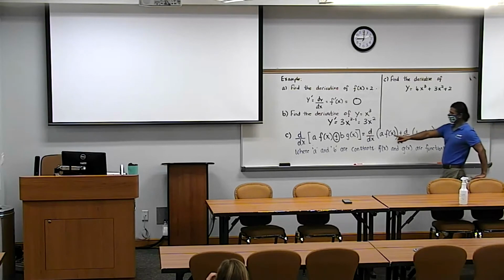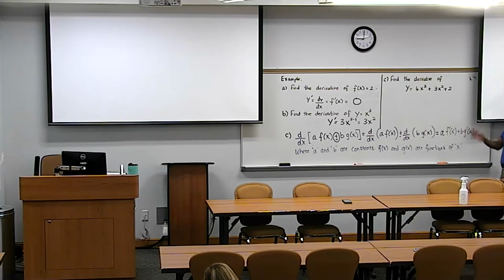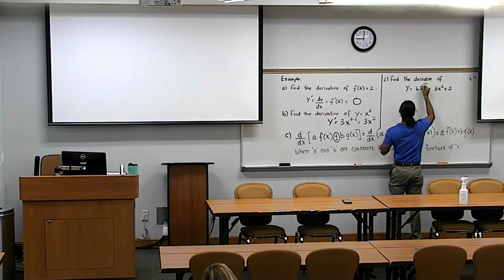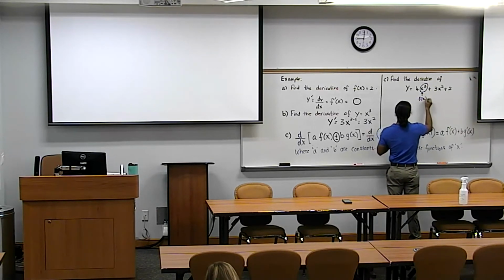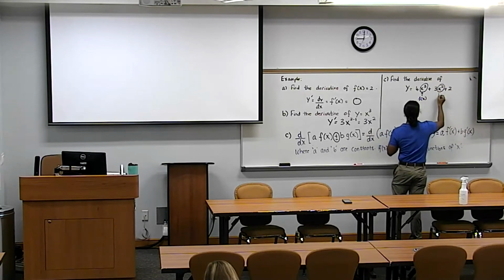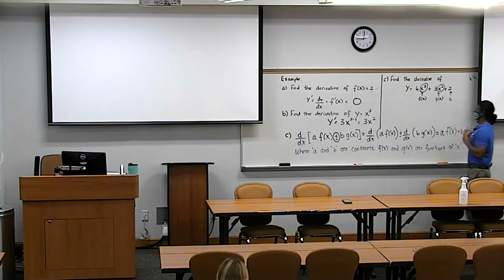So if you look at the rule that I wrote earlier, as long as you have a bunch of functions that are simply in sum or difference, I could apply the derivative to each of them. Yes? So let me just call that f of x, g of x, and that's just a constant c.